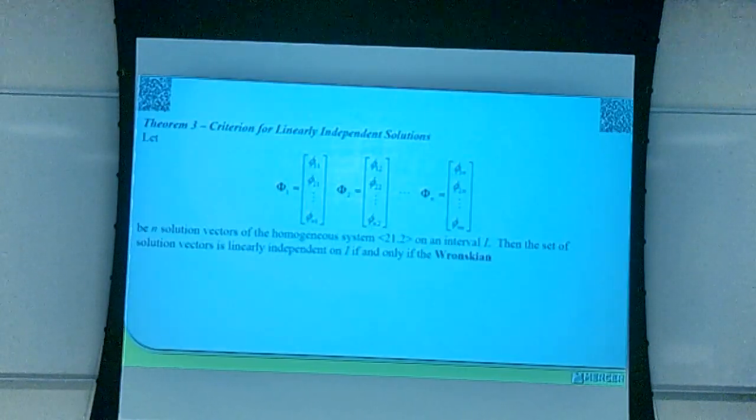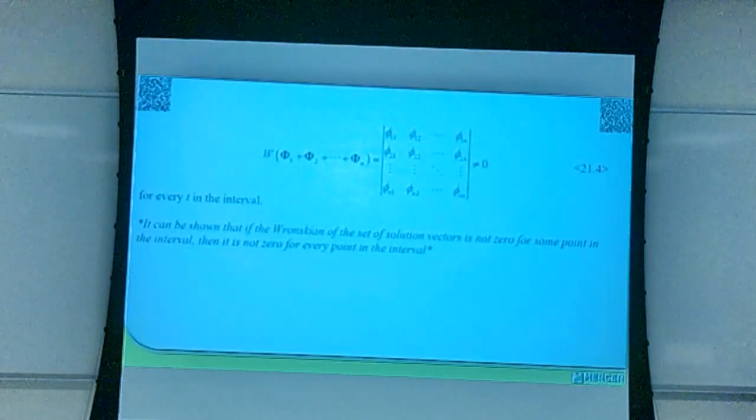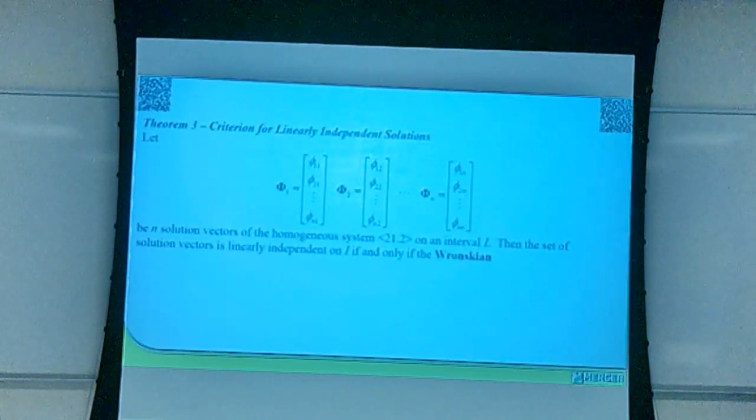We once again call it the Wronskian. And there's your Wronskian. It's the determinant. I don't think those should be pluses, I think those should be commas. Right, but you have n vectors.